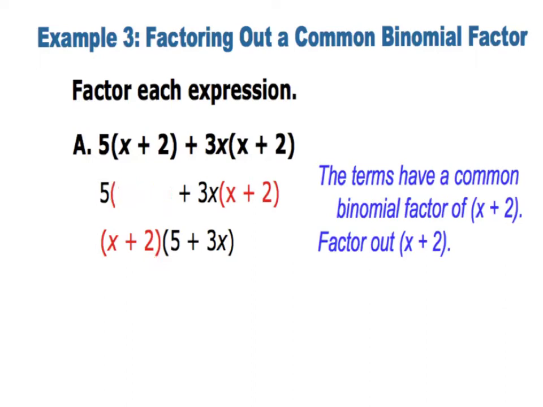That disappears, and not only that, but this here disappears because I pull it out front. Well, if that happens, then what's left? So I pull this out front, like I did right here, and then what's left? Well, I'm left with the 5 plus 3x. That is called factoring by grouping.